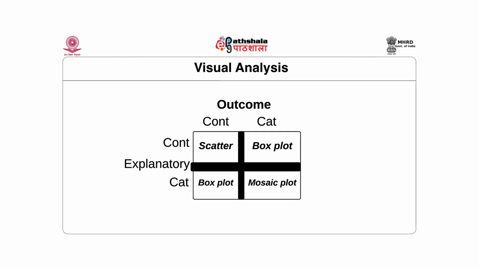And similarly, if your outcome variable is a continuous variable and your explanatory variable is a categorical variable, the same rule applies. That is, you can construct a box plot.